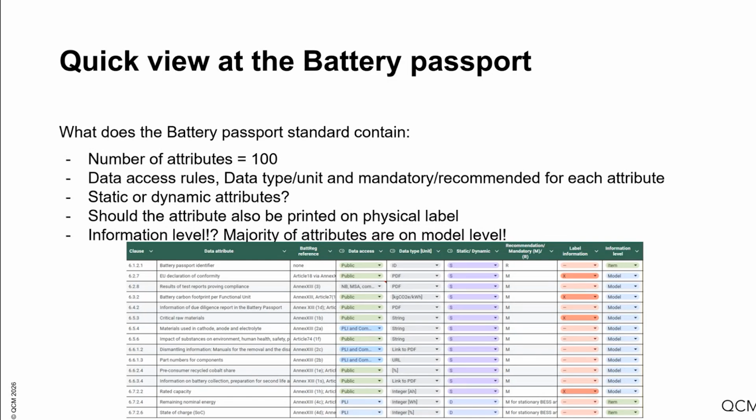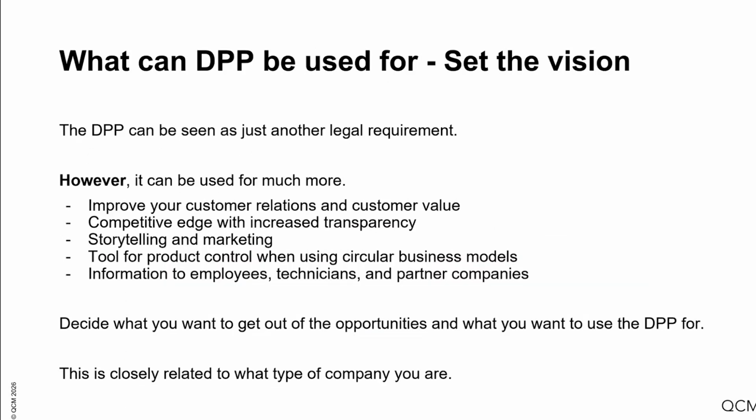Yes, we can move on, I think. So, and then I think it's important for companies when they move into this and to see how can we use the DPP and what do we want to use the DPP for. It can of course be seen as just another legal requirement, and that is like the base level.